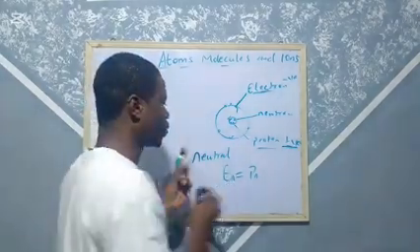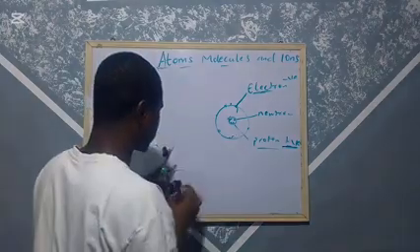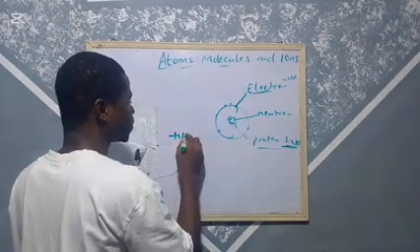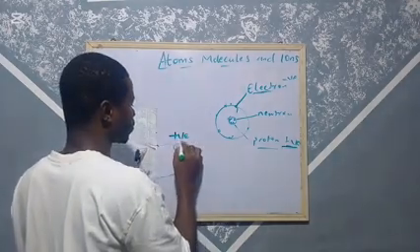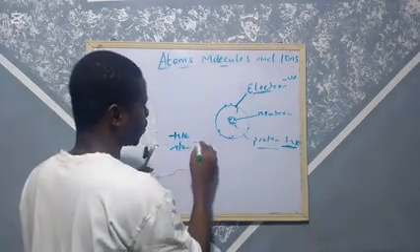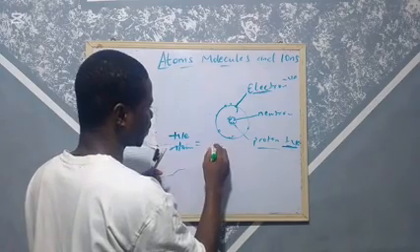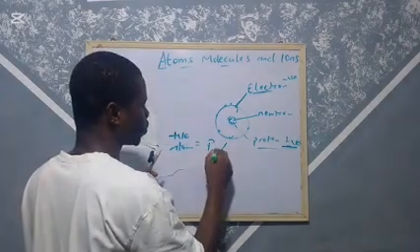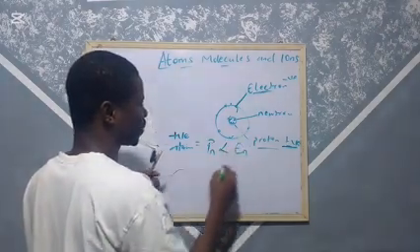The number of what? Proton. So, in essence, all I am trying to say is that for a positively charged atom, the proton number is greater than the electron number.